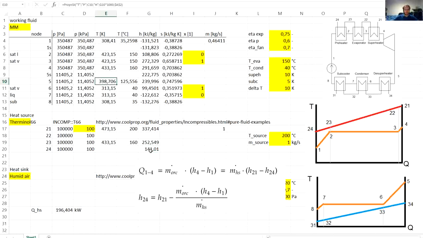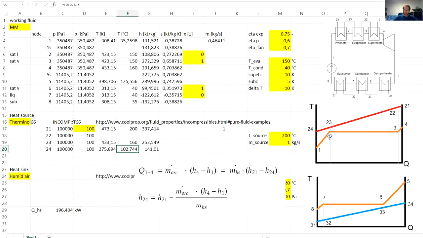So now let's convert the enthalpy, or let's get the temperature out of it. So again, let's borrow some function for temperature, like this one, and we want to get the temperature out of this pressure and enthalpy for this working fluid. Converting to degrees C, we get 102, almost 103 degrees C as the outlet temperature from the heat source.